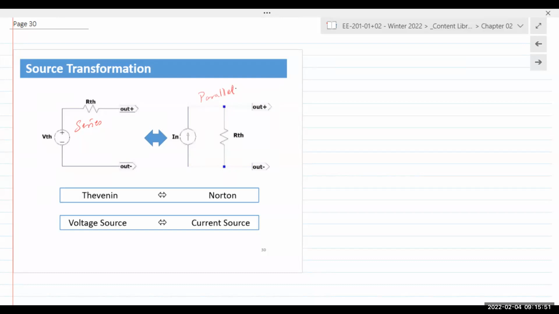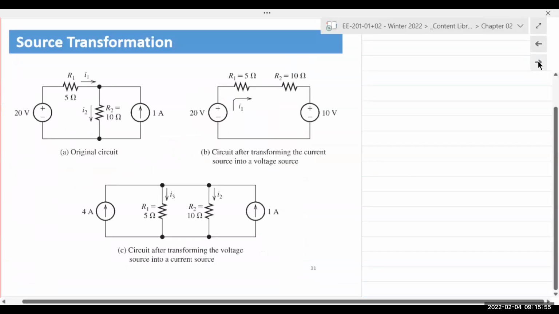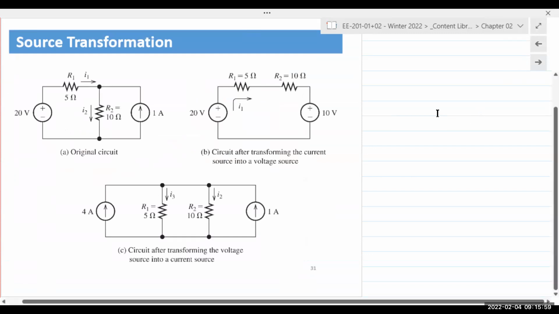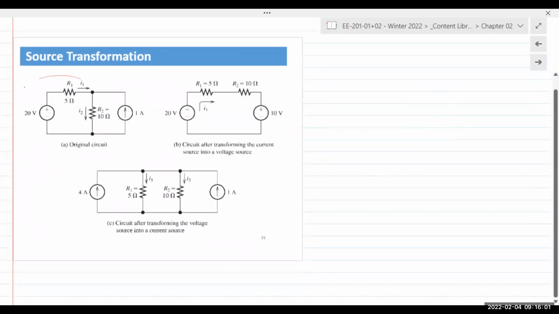So let's look at an example. Here we have a circuit that has a voltage source on the left, a current source on the right, and 2 resistors. Now, obviously, because this is an example relating to source transformation, it is very convenient that we have a resistor in series with the voltage source and a resistor in parallel with the current source.